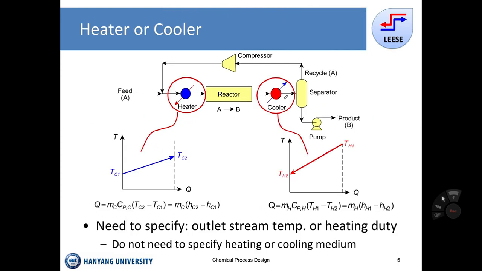We have the heater, we have the cooler. So the temperature is given as TC1 and TC2. Here, the cooler is given as TH1 and TH2. Only the process stream is given for this expression. That is TH1, that is TH2, okay? So that stream, TC1 to TC2. In this expression, the blue arrow and red arrow have not been expressed.